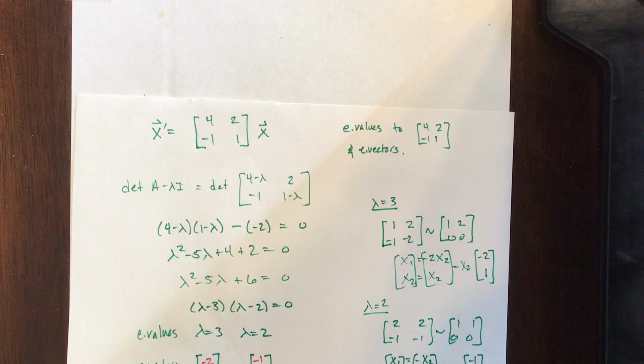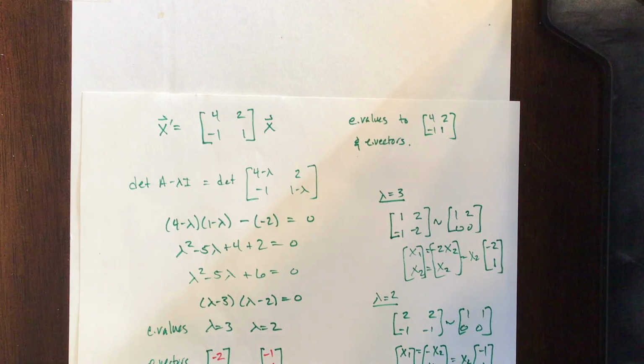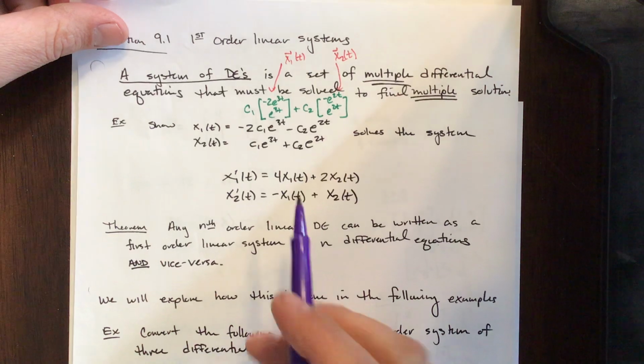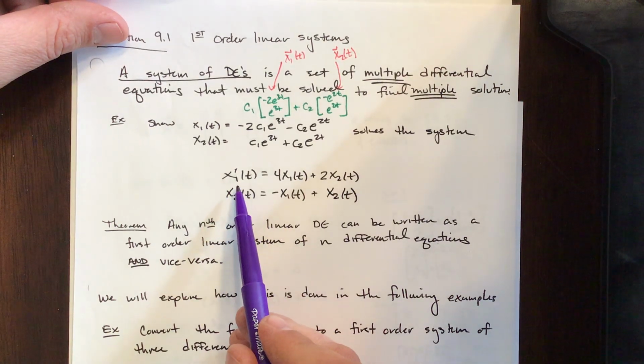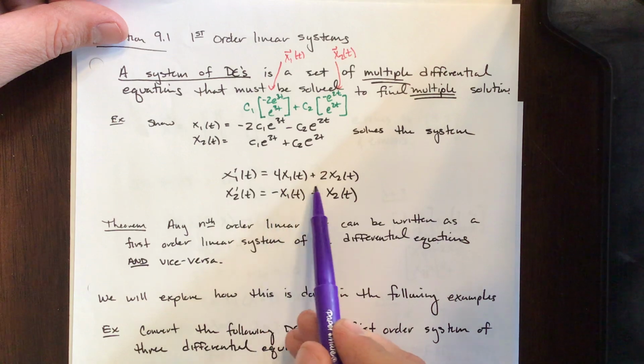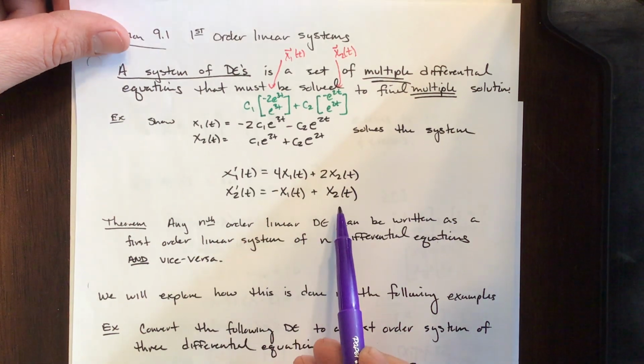So in other words, to solve the system of differential equations, x1 prime is 4 times x1 plus 2 times x2, and x2 prime is negative x1 plus x2.